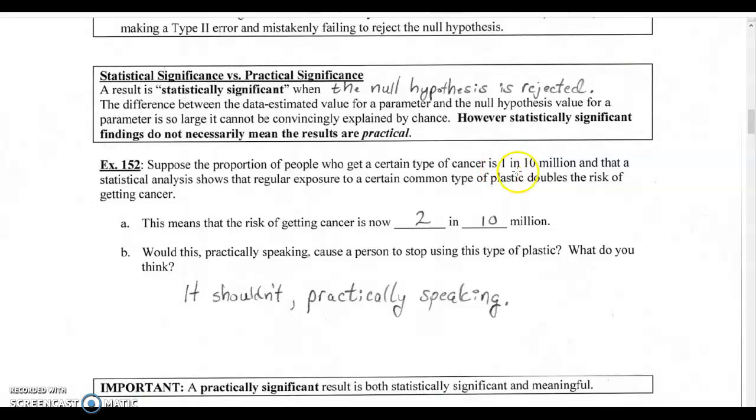That means we go from 1 in 10 million to a 2 in 10 million chance of getting cancer. Even though that's doubling the risk and it's statistically significant, really we should not make that practically significant to our lives, because going from a 1 in 10 million, very, very low chance of getting cancer to a 2 in 10 million chance of getting cancer is not practically significant. That is not a significant amount of increase.